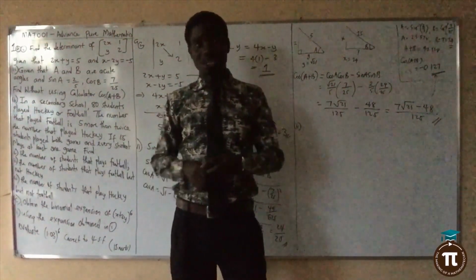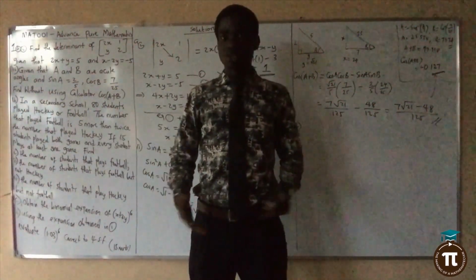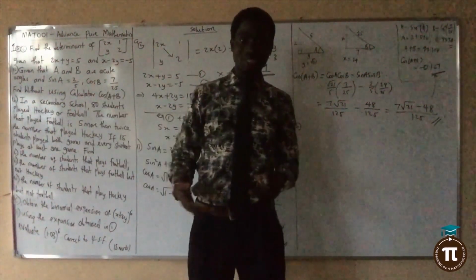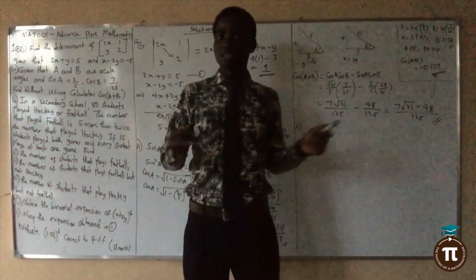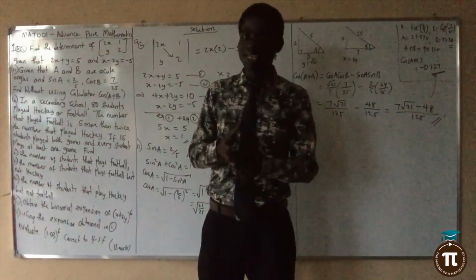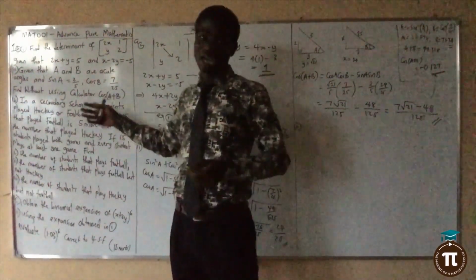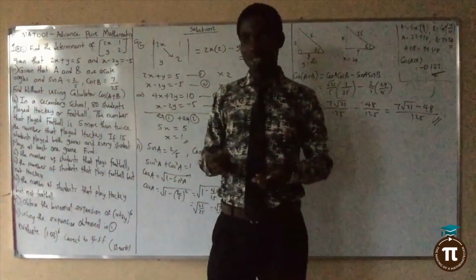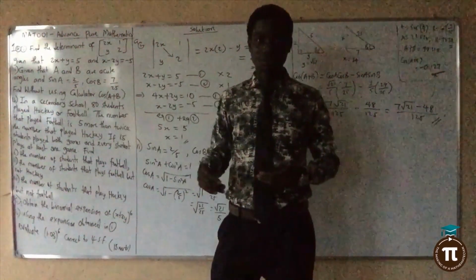That means there is no student that is not playing any of the games. So the universal set is 80. All the 80 students either play football or hockey. There is no student that does not play either football or hockey. So that is why we have 80. So let's continue. Look at the question again.